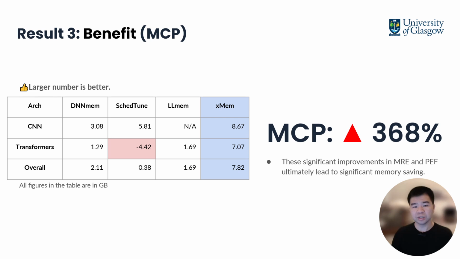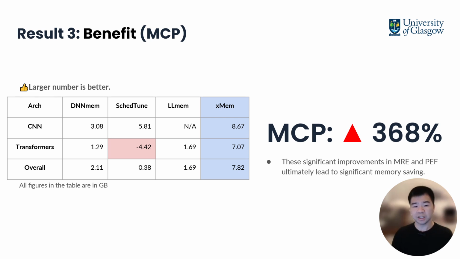Let's move on to the last benefit diagram, measured by MCP. This is not a diagram, it's a table. This table shows our memory conservation results. The numbers are in gigabytes, and larger is better. Looking at the overall row, you will notice the baselines saved very little, whereas xMem saved 7.82 gigabytes per run.